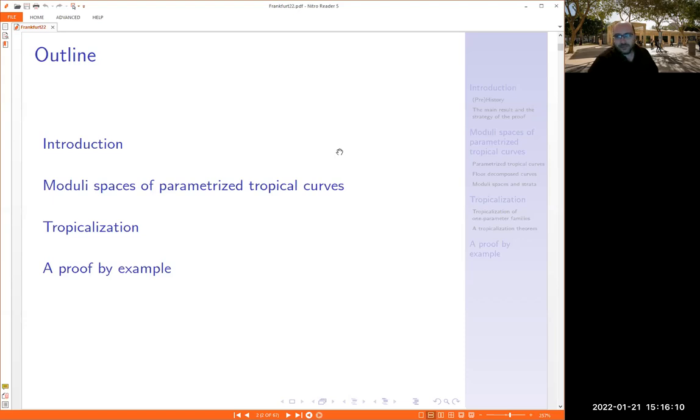And then I will give you a proof by example that will illustrate how you apply the techniques that I will discuss in order to prove irreducibility of certain parameter spaces in algebraic geometry.